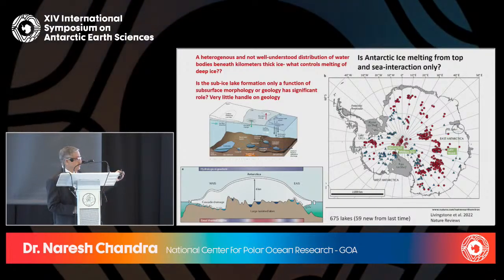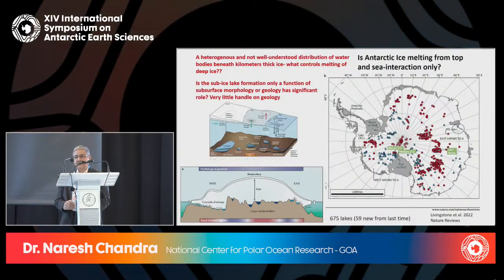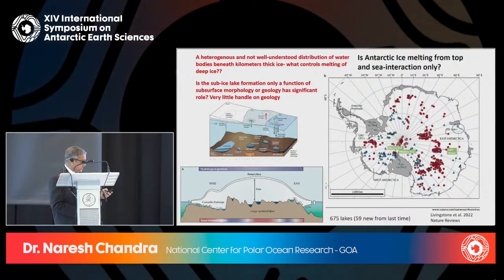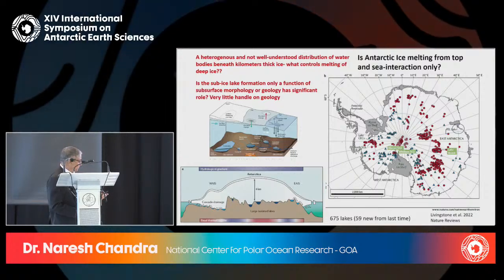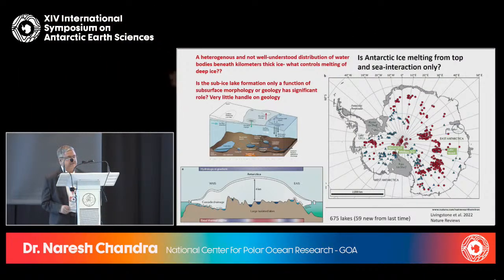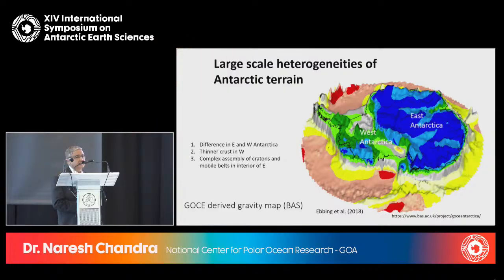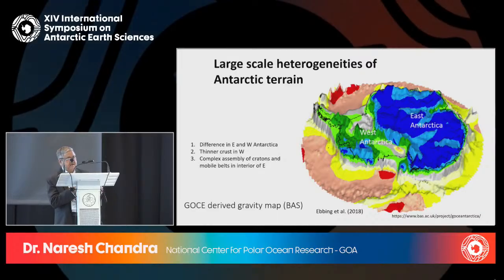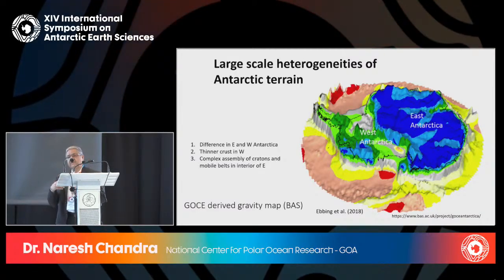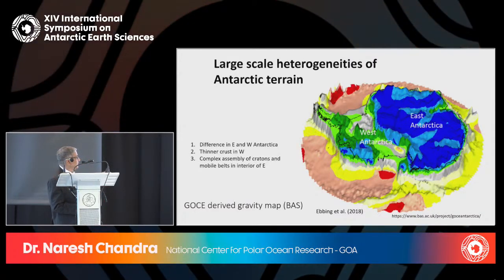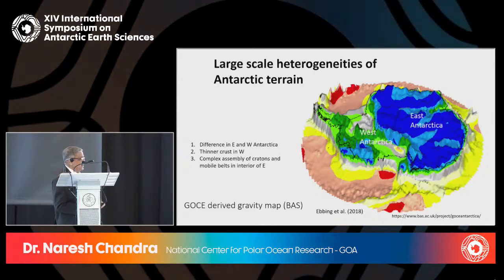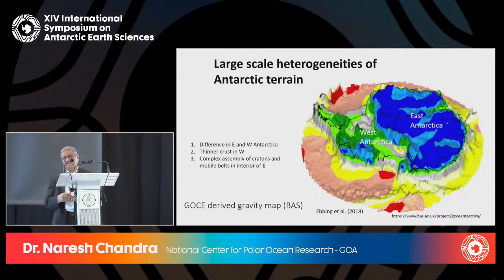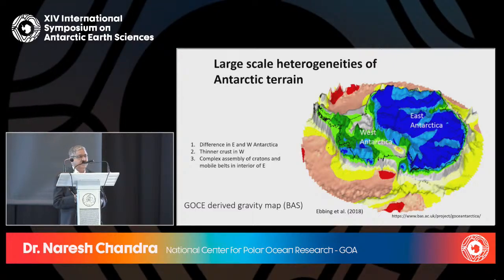But when we look inside, where there is also melting taking place, we have very little information. Therefore, the significance of sub-ice geology: if it was a uniform situation beneath the ice, it would have been very easy. But any indirect indicator which we look at, for example this BAS gravity map, shows very significant variations in physical properties.